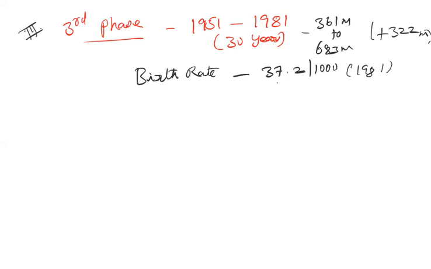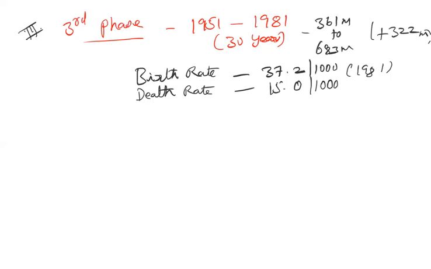It's a very, very marginal decrease in the birth rate. But compared to that, the death rate decreased considerably to 15.0 per thousand. So this was the reason for the second stage of demographic transition.